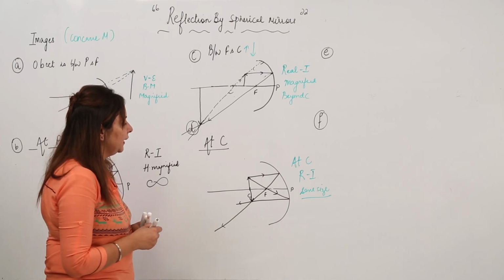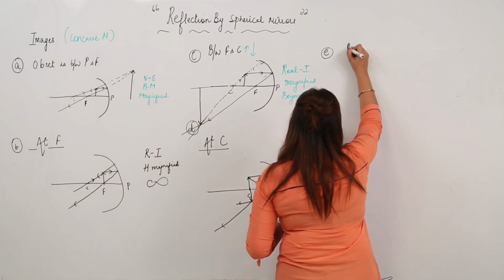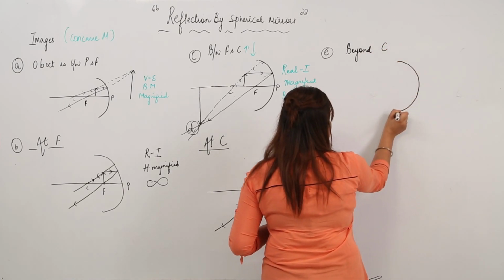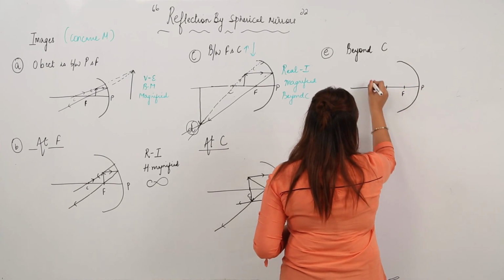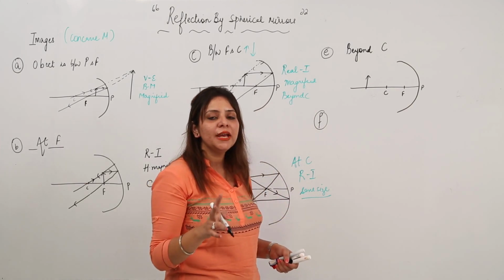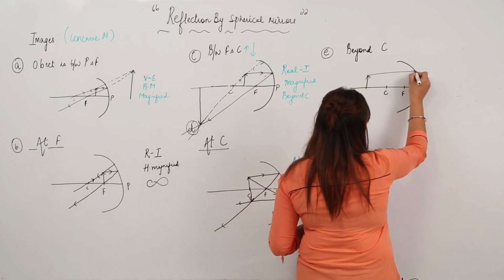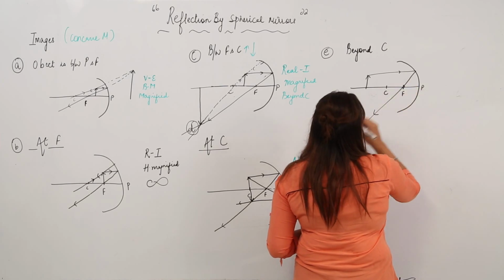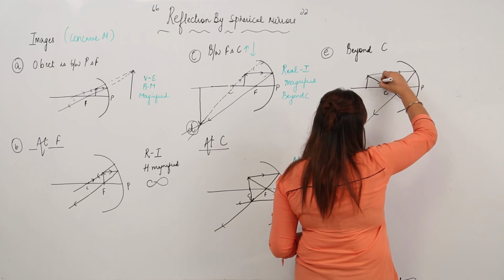The next case is that I am going to move this object beyond C. So I have the concave mirror, again the pole, my focus, my C. Now my object is here beyond C. Again I am taking two simple cases. A ray coming parallel to the principal axis after reflection passes through the focus, and another one, a ray coming from C, just retraces its path.